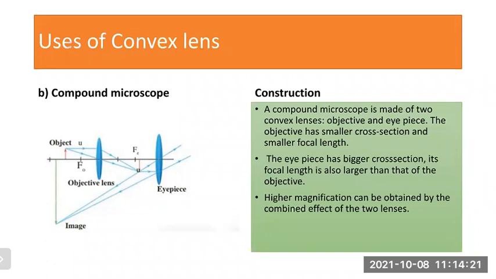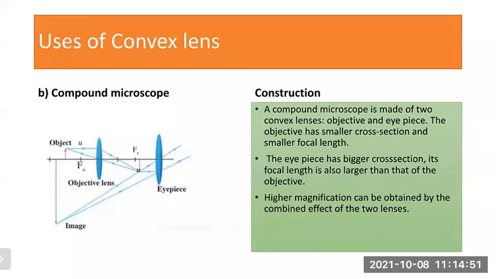So here you observe the diagram. The magnification occurs in two stages. The image formed by the first lens acts as the object for the second lens. Got it? The image which is formed by the first lens will be the object for the second lens.